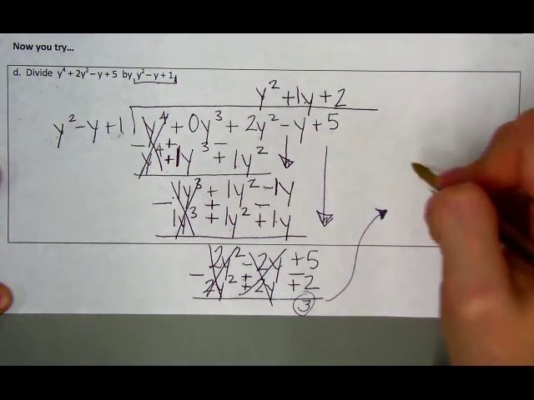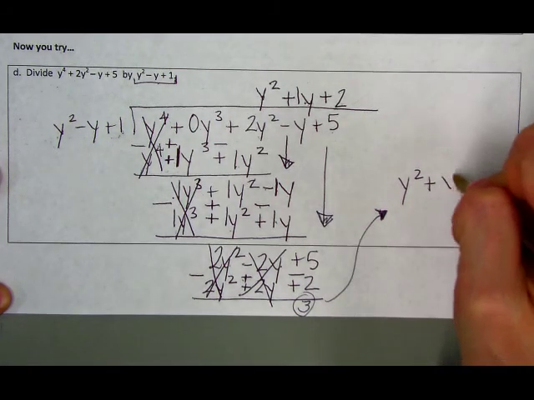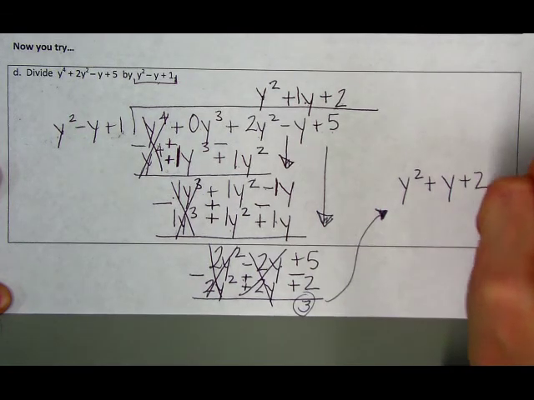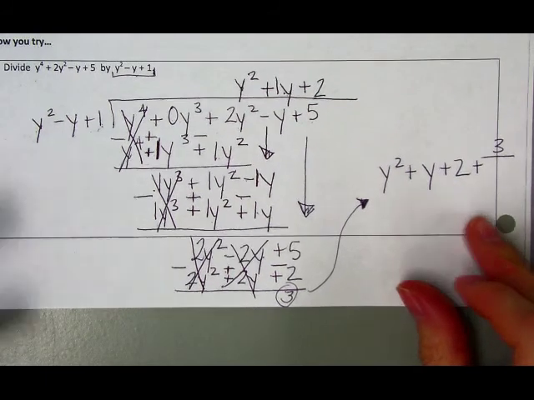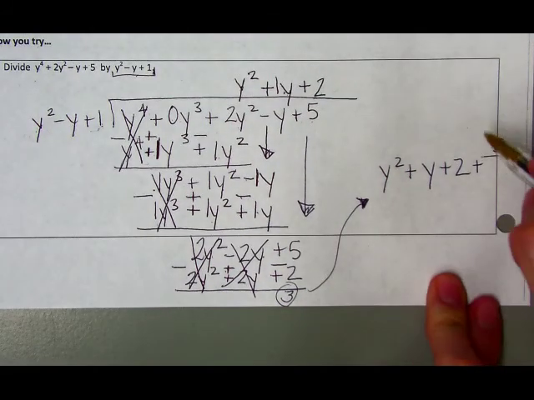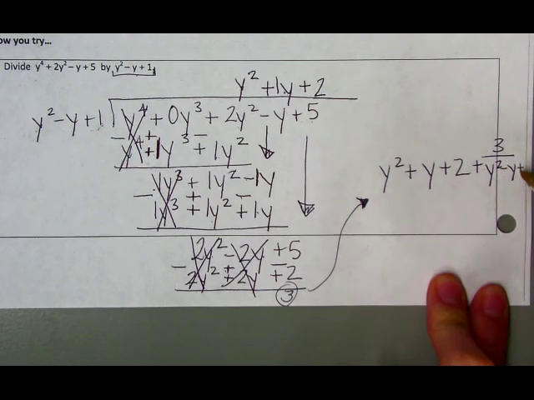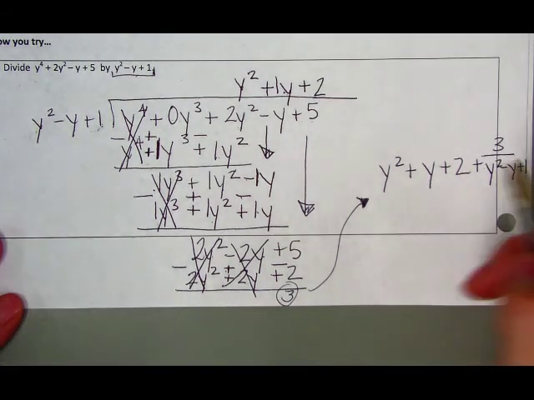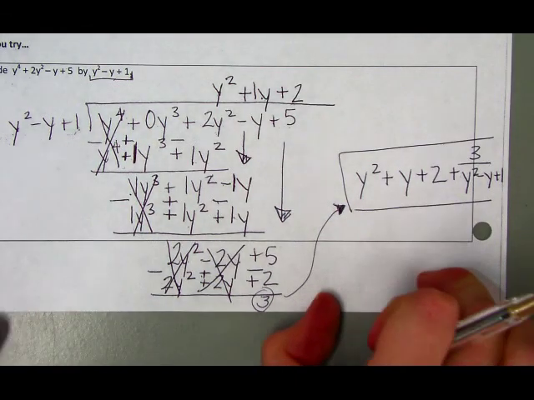We can write our answer as y squared plus 1y, or just y, plus 2, plus 3 as our remainder, all over y squared minus y plus 1. And that's our final answer for the Now You Try.